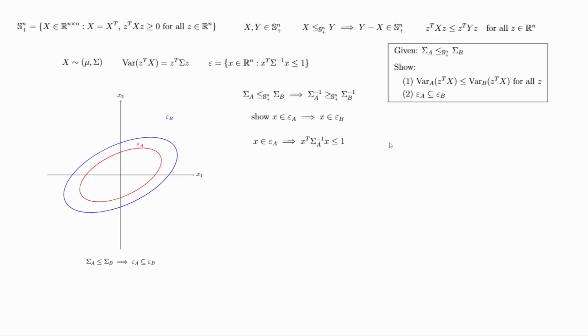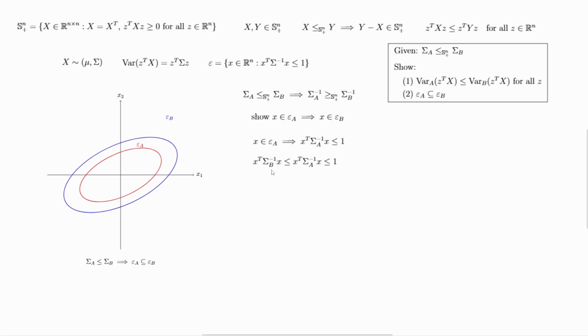It immediately follows that since x is in the ellipse of A, that x transpose the inverse of sigma A times x is less than or equal to 1, just by the definition of an ellipse. And using the property above, we know that this quantity must be greater than the similar quantity for dataset B. And so now we have a chain of inequalities as follows.